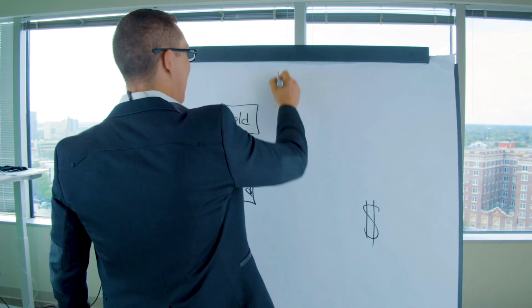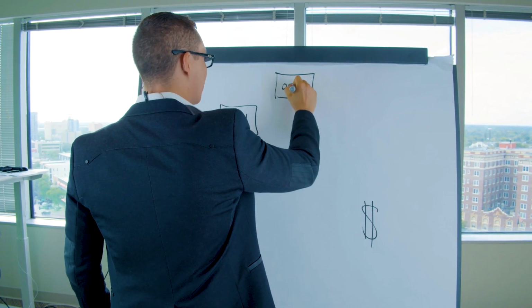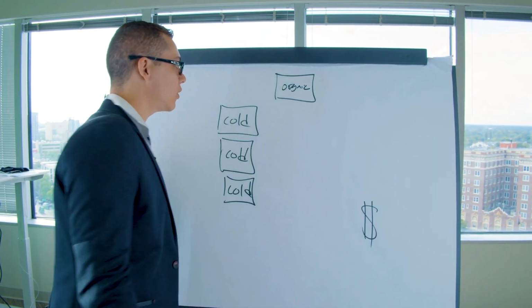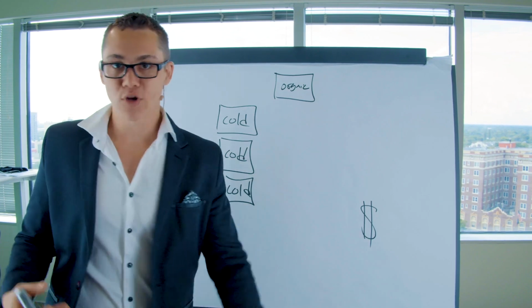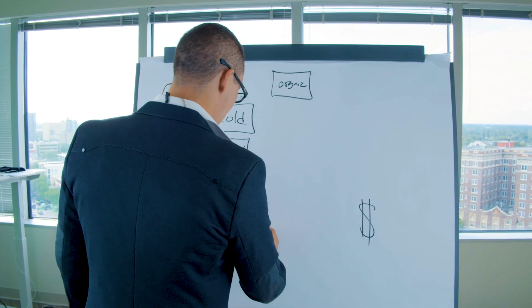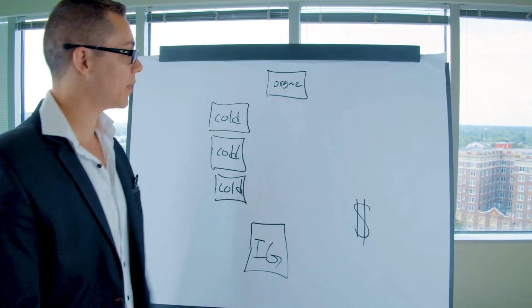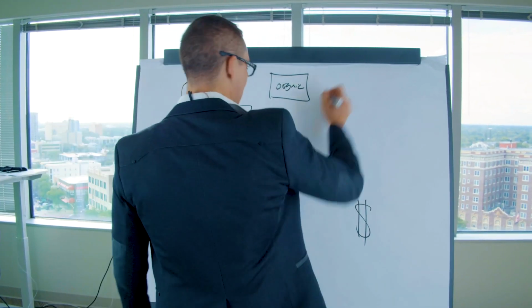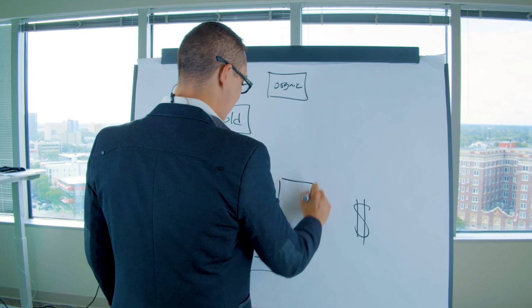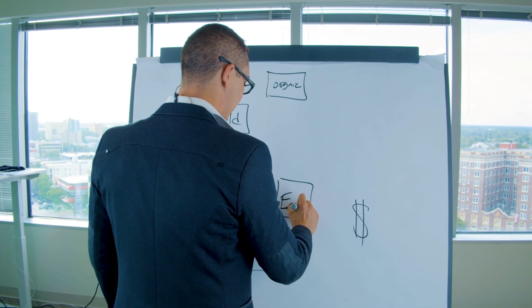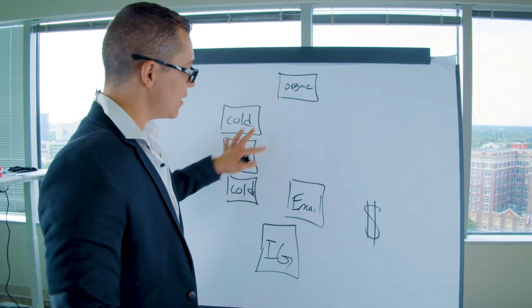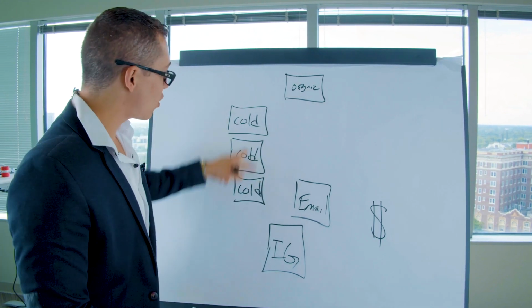But then over here you have maybe some organic traffic. These are people who just already kind of know you. And then maybe over here you have people that follow you on Instagram. And then over here, maybe right here, you have your actual email list, right? These are all traffic sources, including your cold Facebook ads.